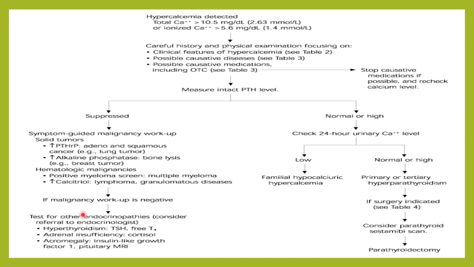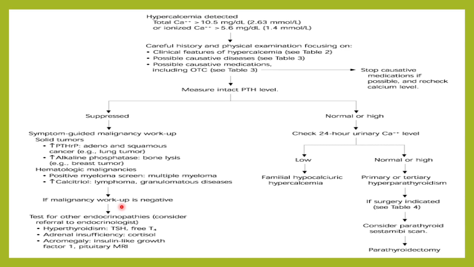If the malignancy workup is negative, so you found that the patient has hypercalcemia, the PTH levels were low, so first you thought whether it could be something not related to the parathormone, so you started working up for cancers and you could not find any risk factors.